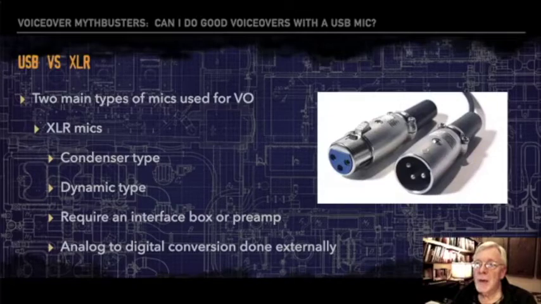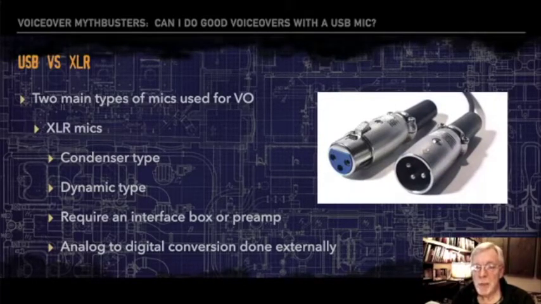Let's talk about the whole thing, USB versus XLR. There are two main types of microphones that are used for voiceovers: XLR mics and USB mics. Among XLR mics, you can especially find condenser type mics, like the one I'm using here, and dynamic mics, which are the more traditional broadcast type mics.